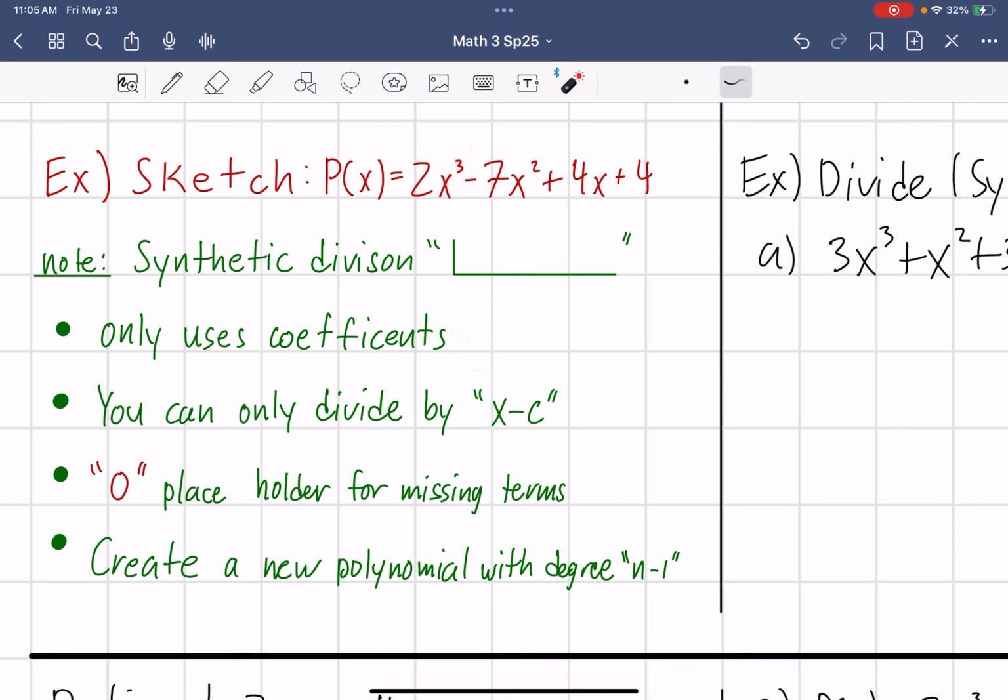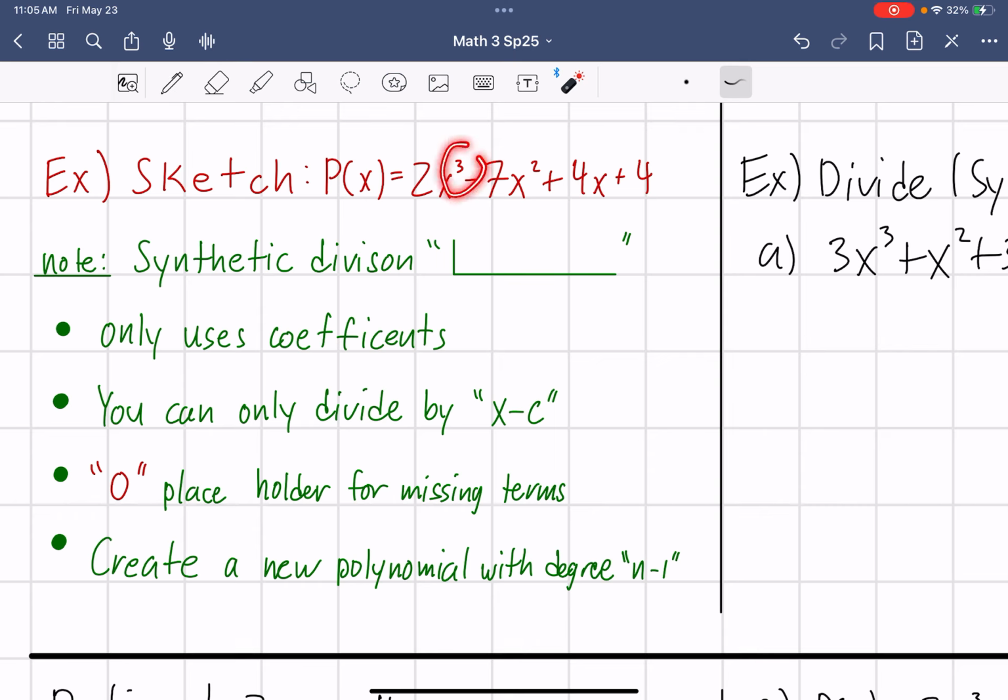That's going to be useful, because as we decrease that power, it's going to help us lower the number of zeros that we have. A cubic can be tricky to solve if it's 4 terms or if it's just 2 terms.